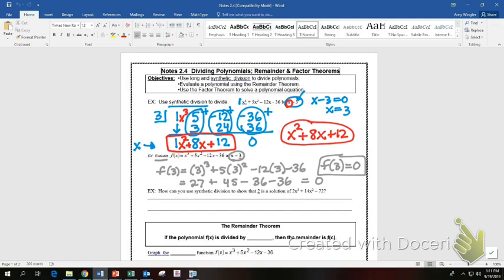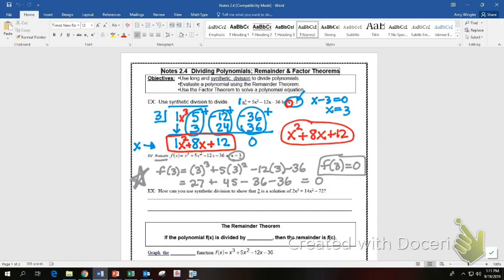So what I want you guys to recognize here is in both of those examples, we took the same function. In the second example, which I'm putting a star by right now, we plugged in 3 for x, and we got a y value of 0.